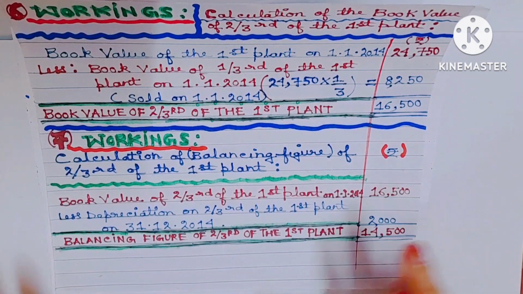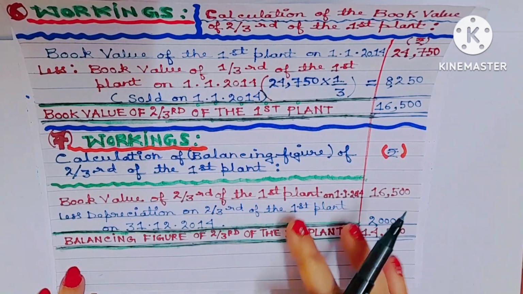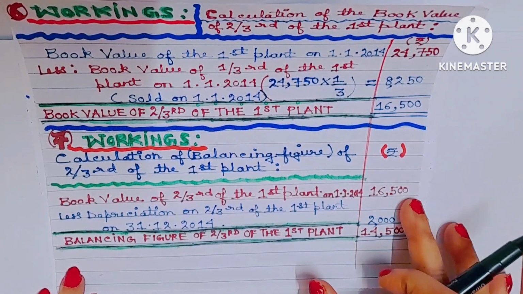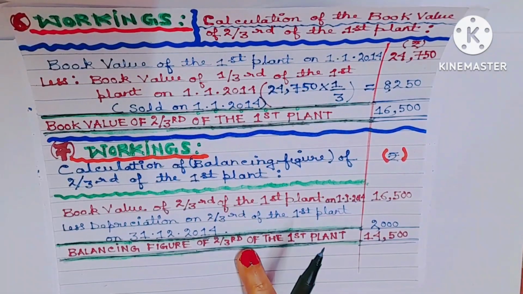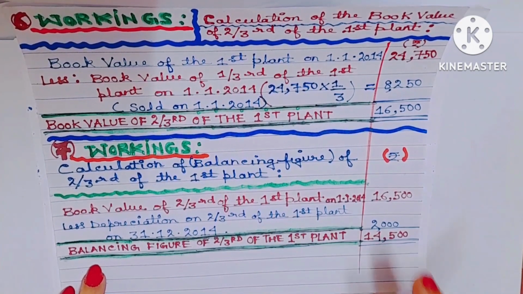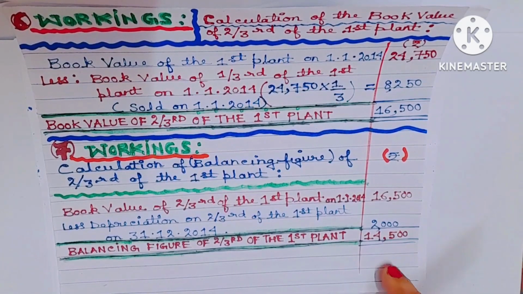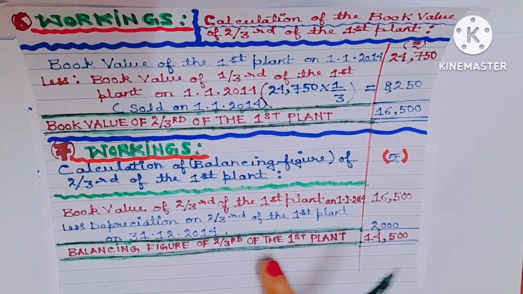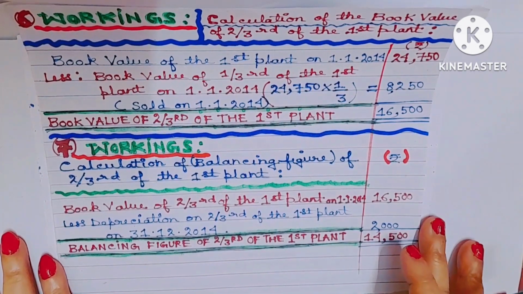So first calculate the book value of 2/3 of the first plant on 1st January 2014, that is 16,500. Then deduct depreciation on 2/3 of the first plant on 31st December 2014, that is 2,000. Then you'll get 14,500, which is the balancing figure of 2/3 of the first plant. Understood? This way you got to do it.